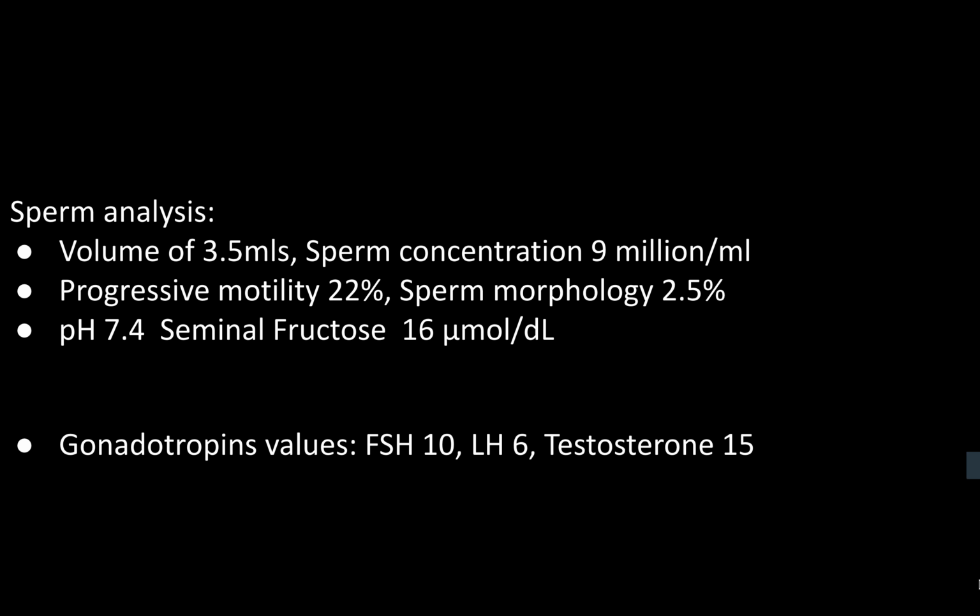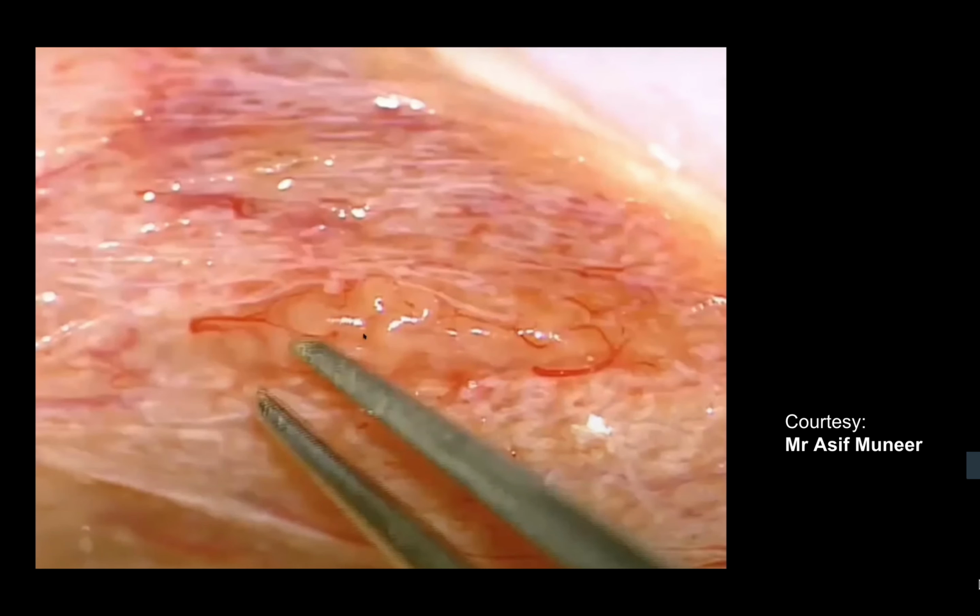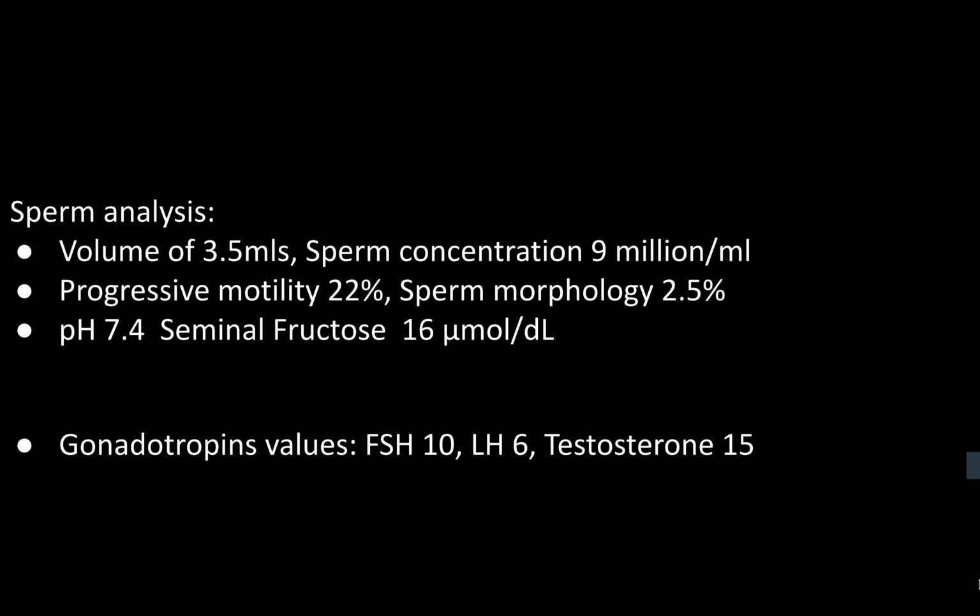Okay, so how are you going to manage his infertility? This could be due to his varicocele, because we have the latest evidence that if the patient has abnormal semen parameters, the treatment of varicocele is justified.